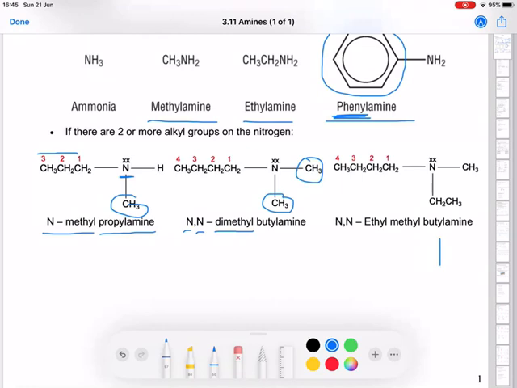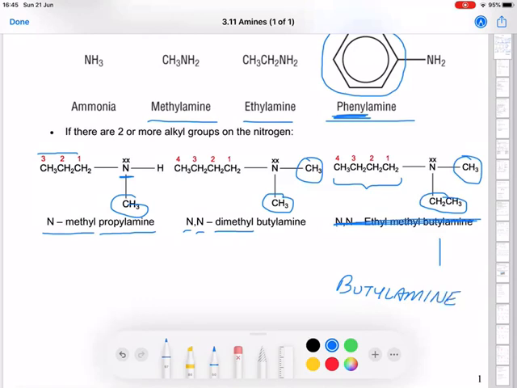butylamine. With this one, I'm going to name this one. Ignore that, that's not correct. We've got an ethyl and we've got a methyl on here. And then along this part here, I've got 4 carbons. So the long chain is going to be the butylamine. So we'll start with that, butylamine.